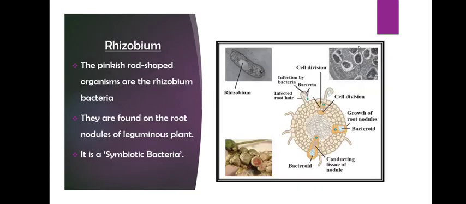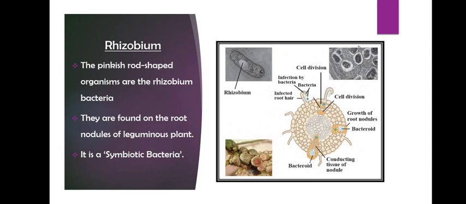Next bacteria is rhizobium. Now this rod shaped organism, that is rhizobium, is found on the root nodules of leguminous plants, legumes like pulses, okay. It is a symbiotic bacteria. Symbiotic bacteria means, see, it is present on the root nodules of plant, right?